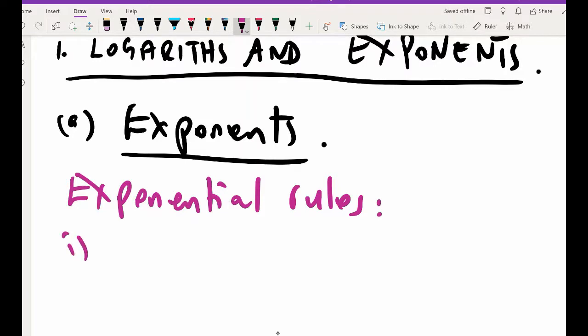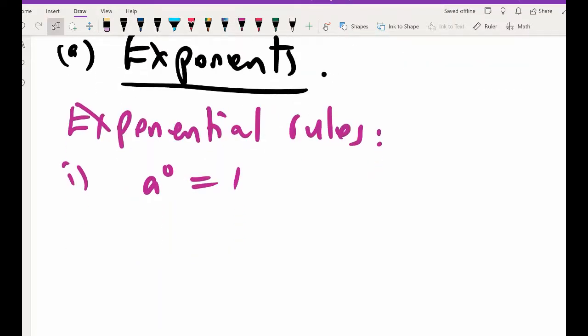So the first one, you know that any number to power 0 equals 1.